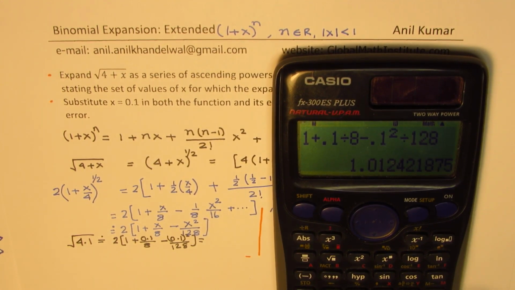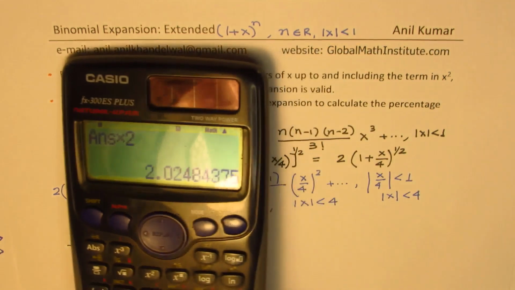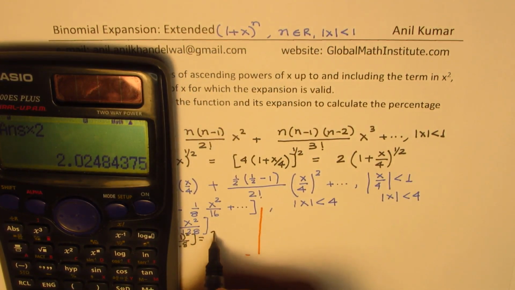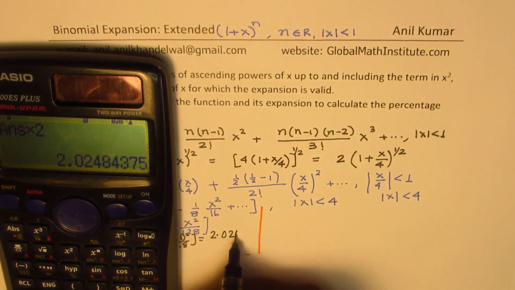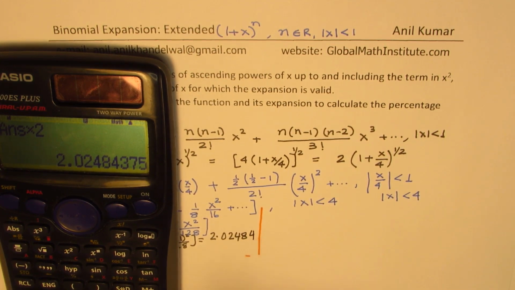Right, and we'll multiply this by 2. So in decimals, the value is 2.0248 4. Okay, so we have written it to 5 decimal places. So that is the value.